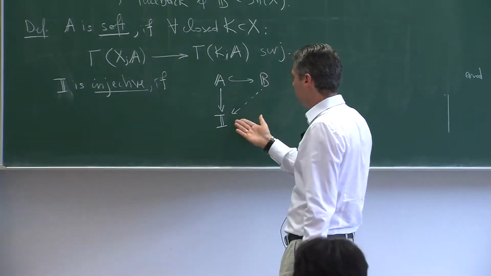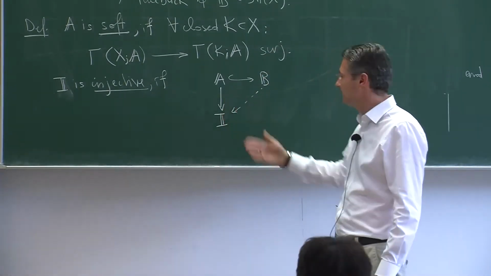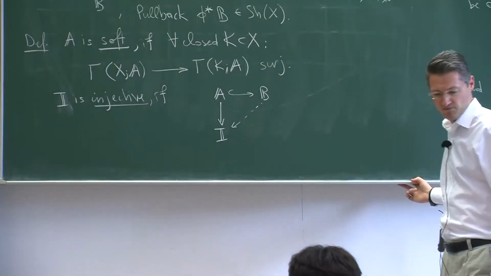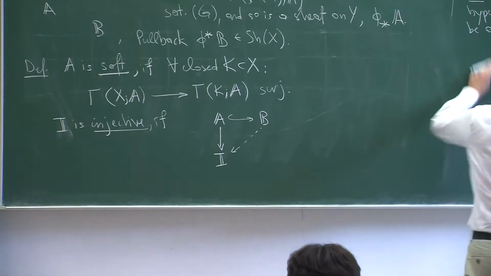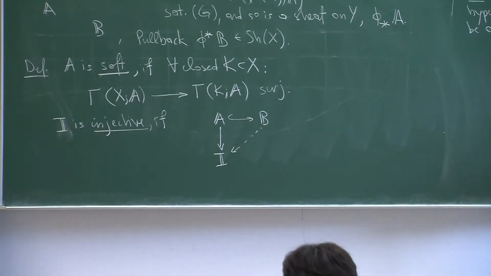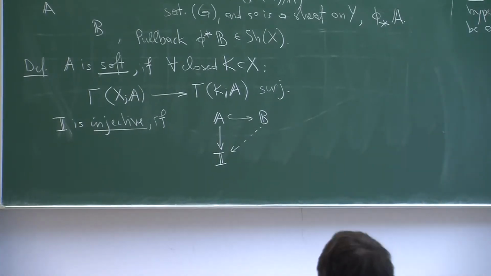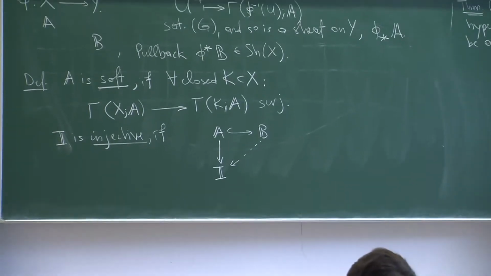So it's exactly the same thing. You always say this, right? So you have these injective objects. And these play an important role in computing cohomology, but I'll come to that in a second.